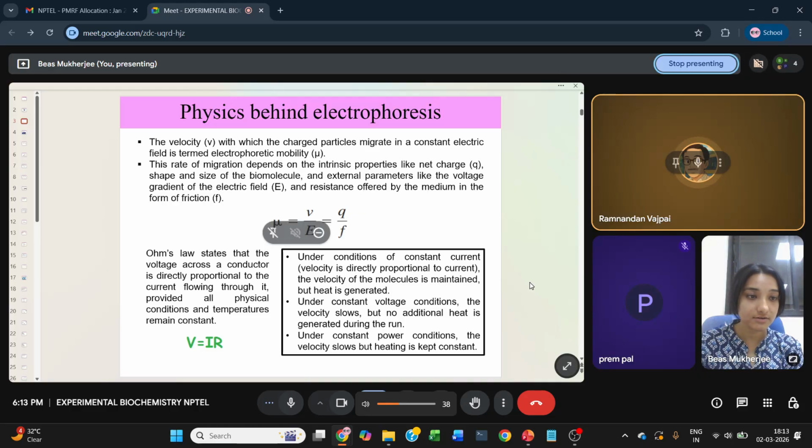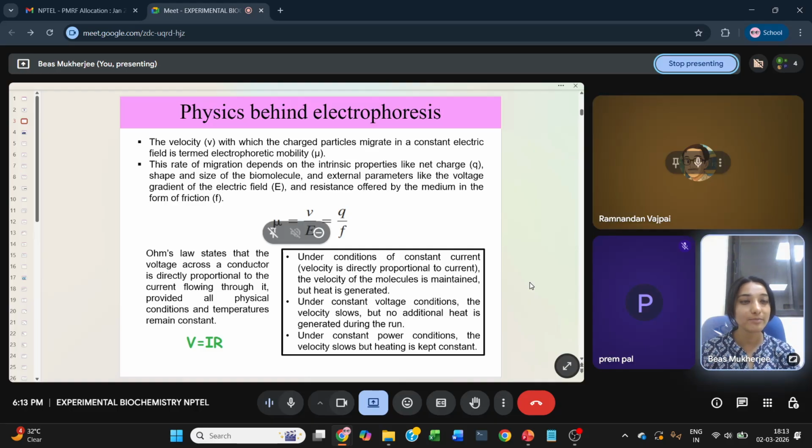Ma'am, in the past few days I have been learning SDS-PAGE for protein separation, but it happens that my protein of interest and the dye front both get merged. Can you tell me once again? I did not understand. What is your question?